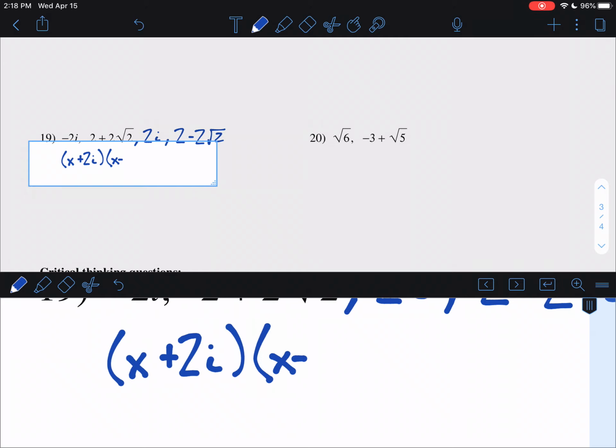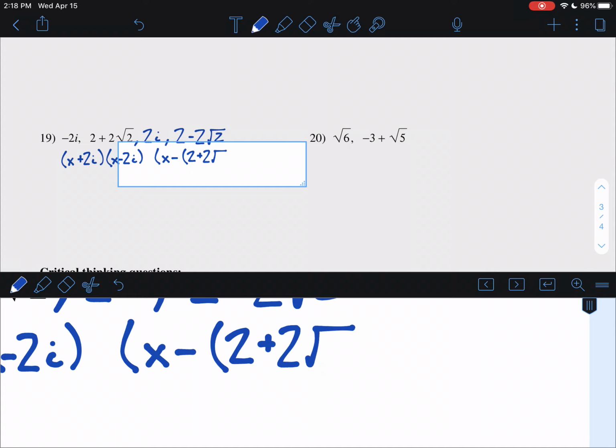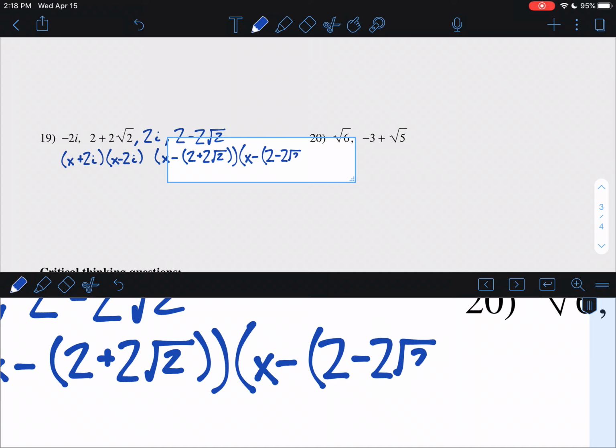I'm going to have x minus 2i. And then I'm going to have x minus, parentheses, 2 plus 2 square roots of 2. And then I'm going to have x minus, parentheses, 2 minus 2 square roots of 2.